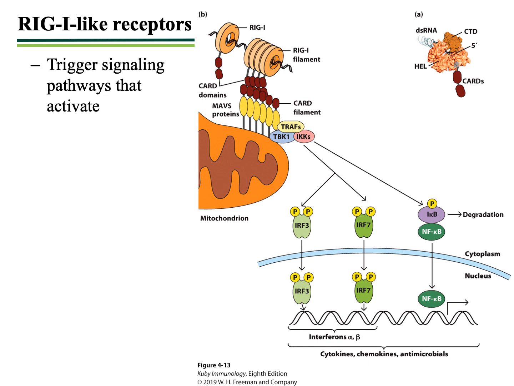These are extremely important for viral detection. But yet again, what's highlighted here is that what happens when the signal is in fact received is that transcription factors are activated and allow for transcription of certain genes to take place, including genes that code for cytokines, specific chemokines, and antimicrobial peptides.